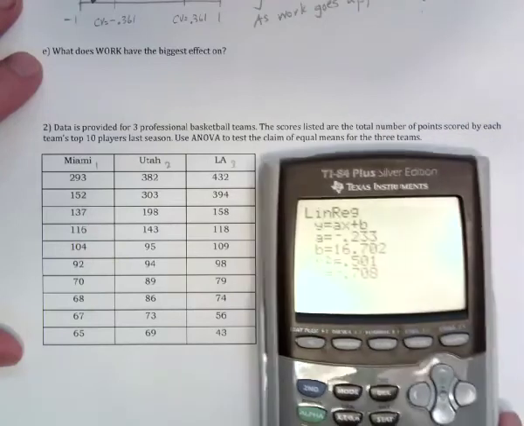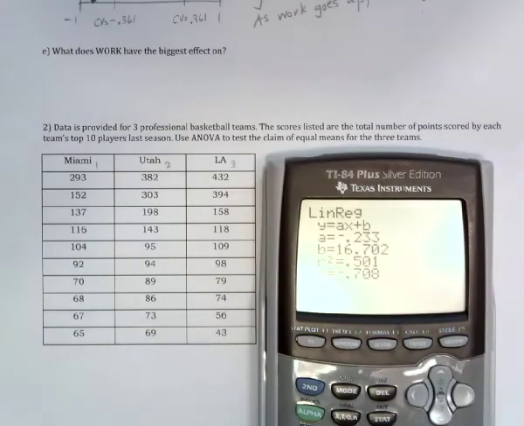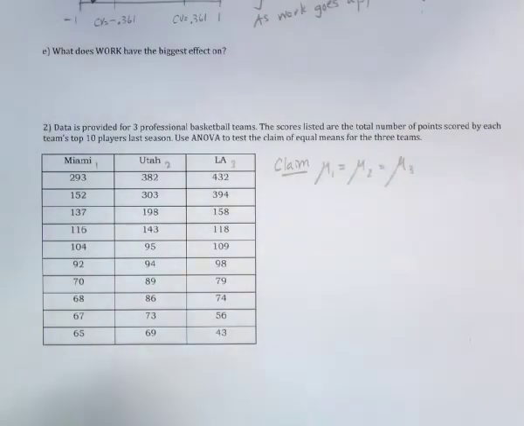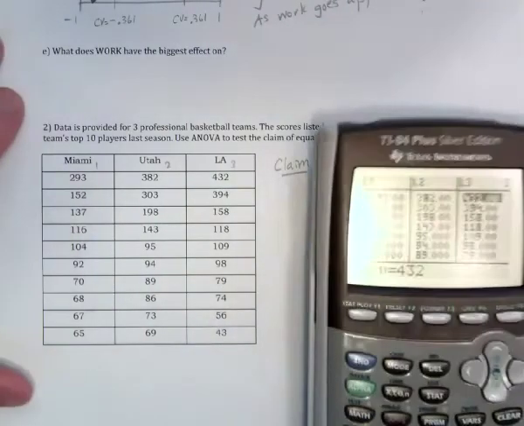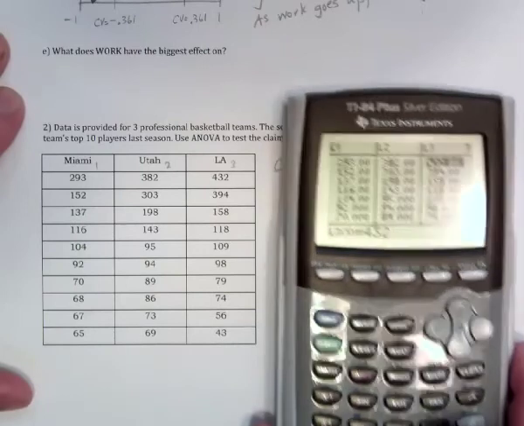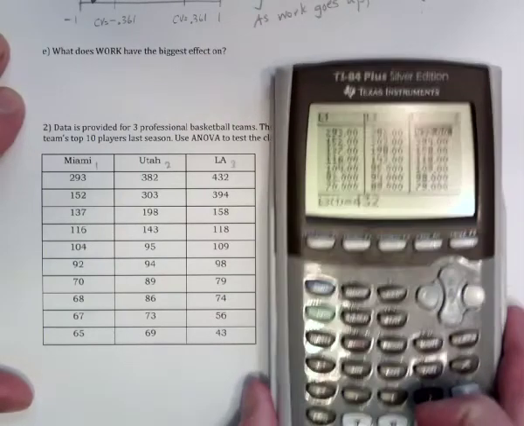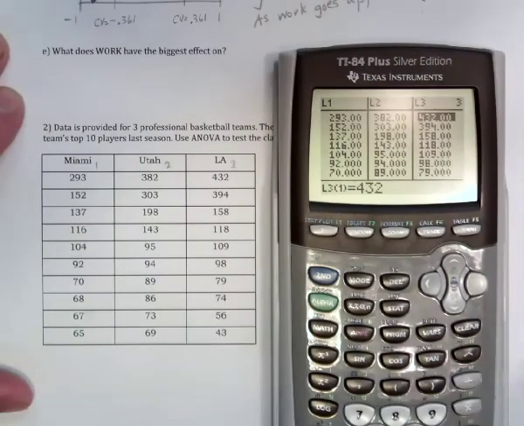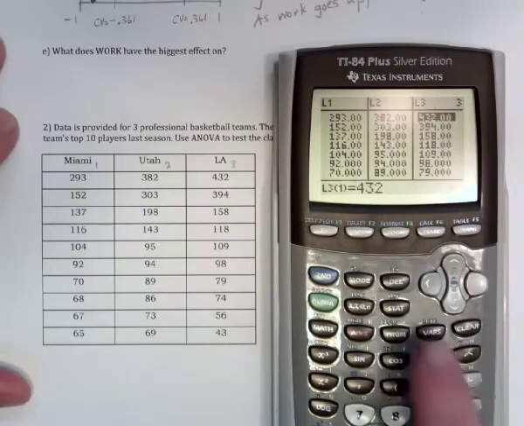So you first of all need to enter the data in the list. There we go. Go away, glare. Okay, so there's all of the points. I entered those in the list.